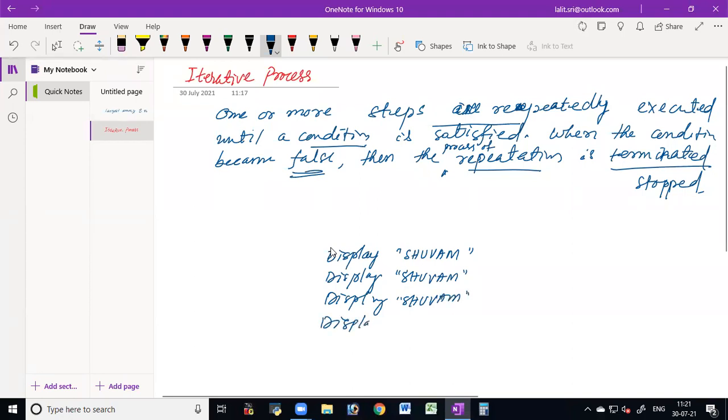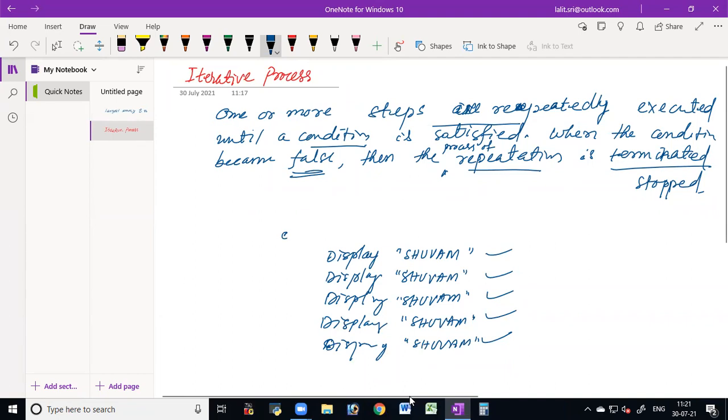Suppose it is 5 times. See, the same thing is repeatedly executed, repeatedly done. Suppose I am counting.